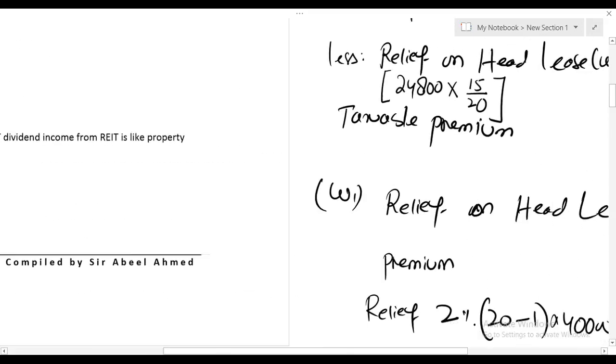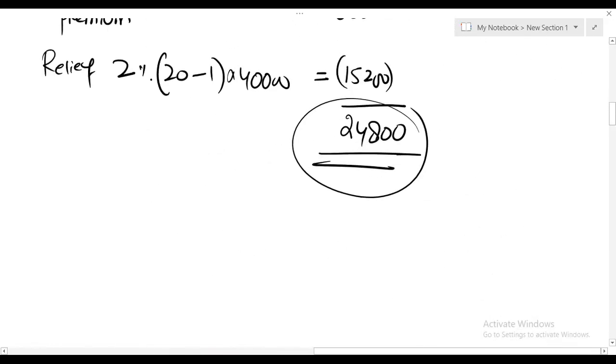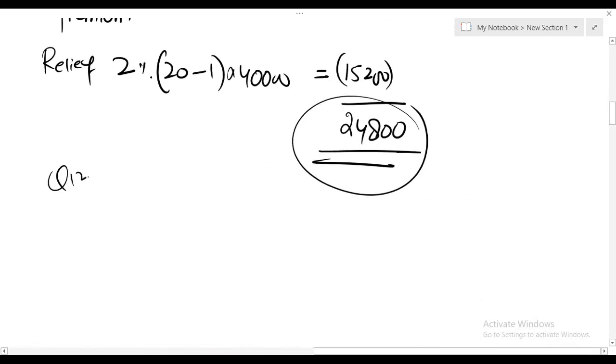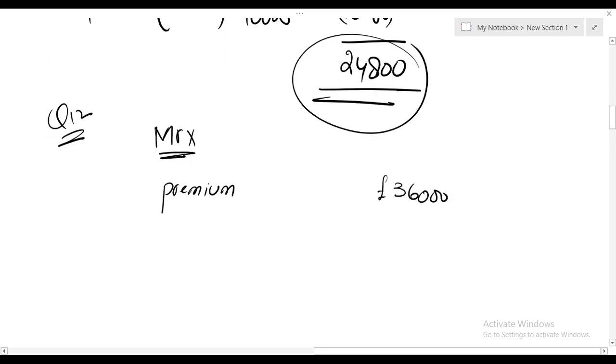Question 12, let me solve here. We are calculating the taxable premium for Mr. X. Let me first write the amount of the premium which Mr. X has received. Mr. X has received 36,000. I'm going to deduct a normal relief, 2%.